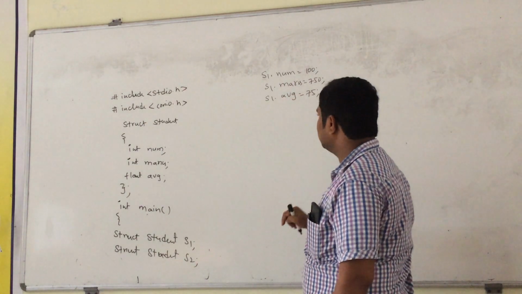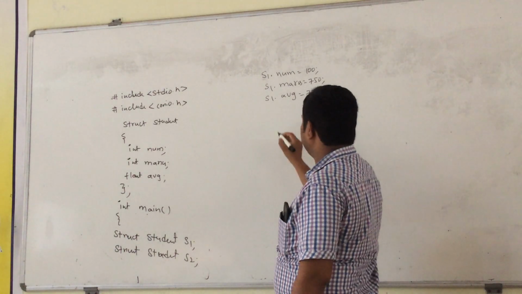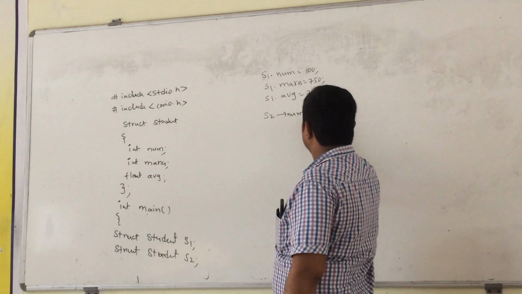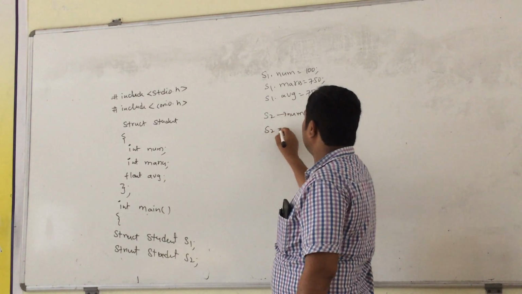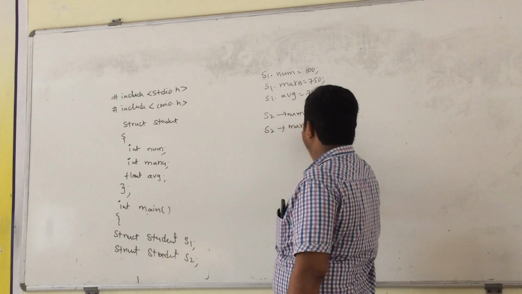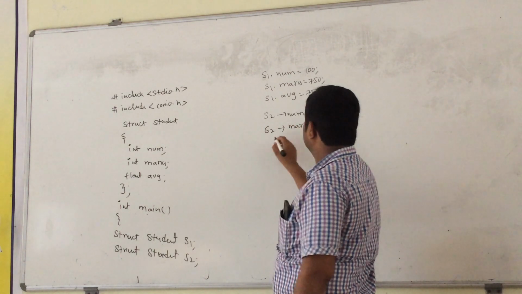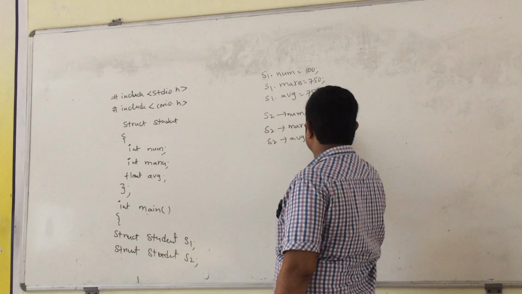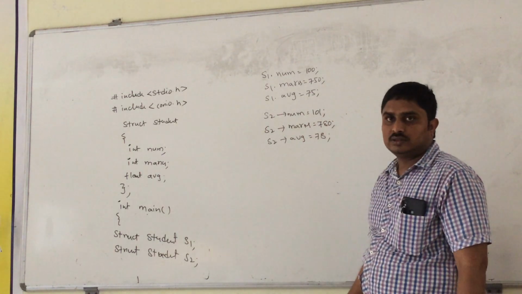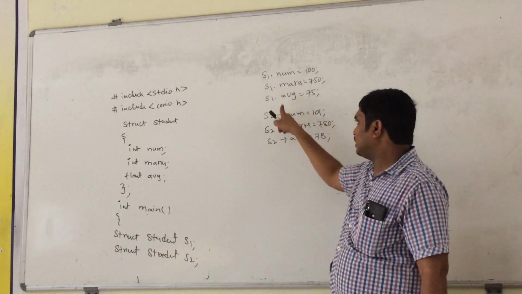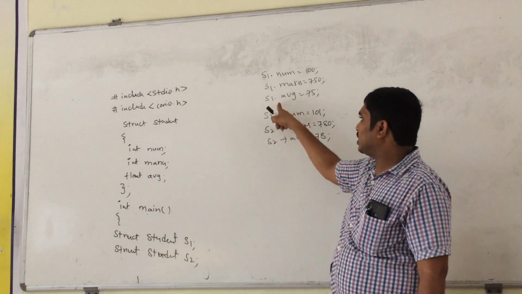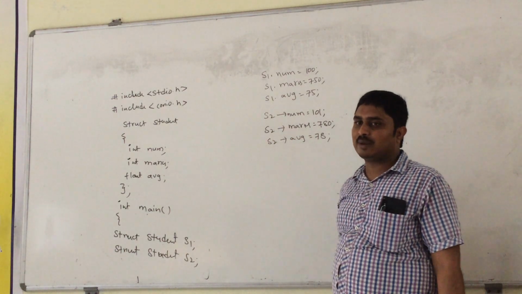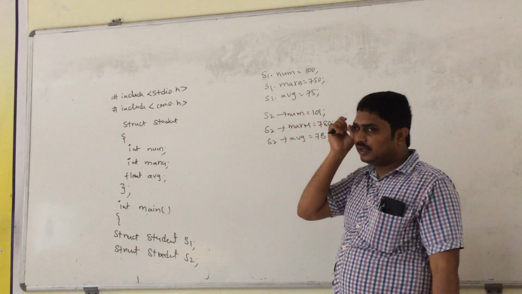For the second student I will use the arrow operator: S2 number equals 101, S2 marks equals 780, S2 average equals 78. The only change is dot or arrow. By using the dot operator we can initialize the values, and the same way we can print the values.